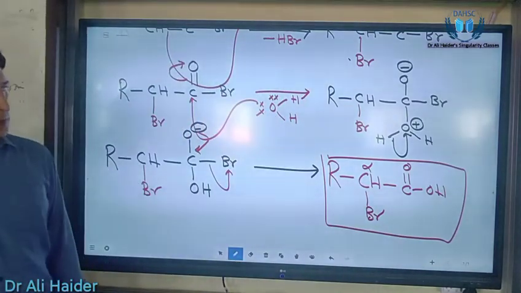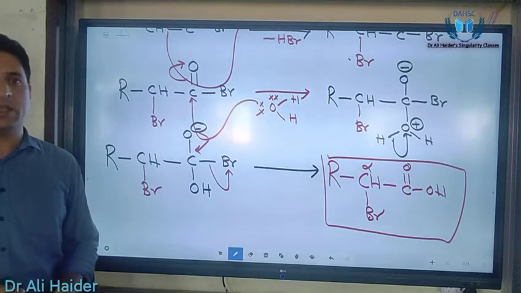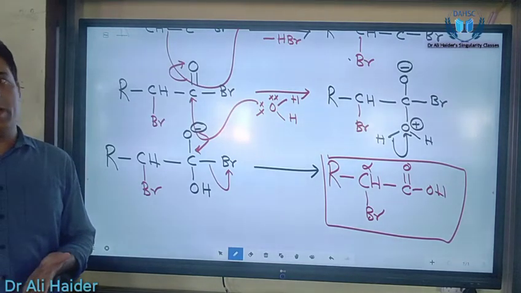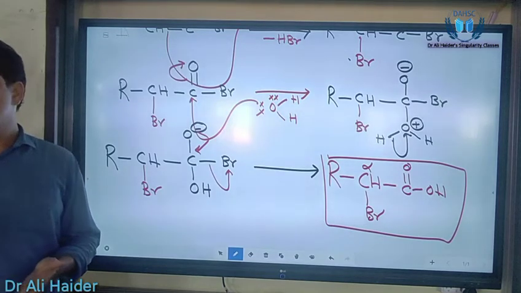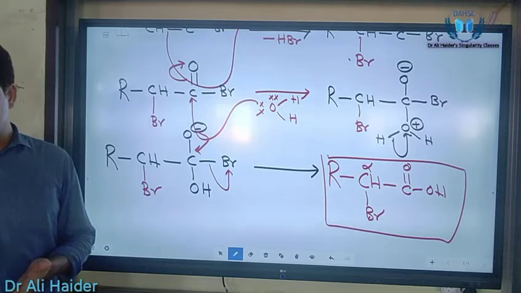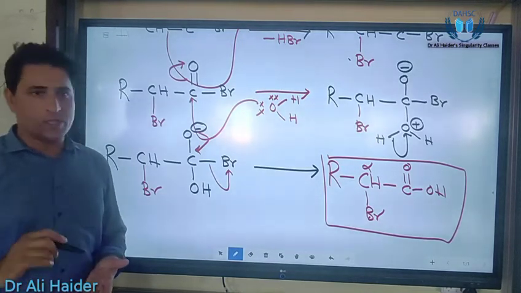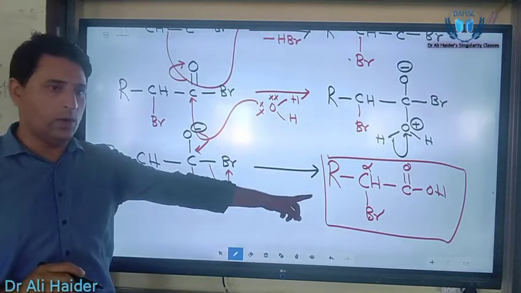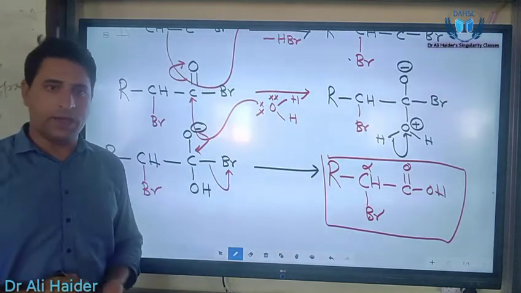So finally what you have to remember is that in this reaction, in the first step we treat the carboxylic acid having at least one alpha hydrogen with a mixture of red phosphorus and halogen molecule. You end up with alpha halo acyl halide, fine. Then in the next step we simply carry out hydrolysis. You end up with alpha halo carboxylic acid, fine.